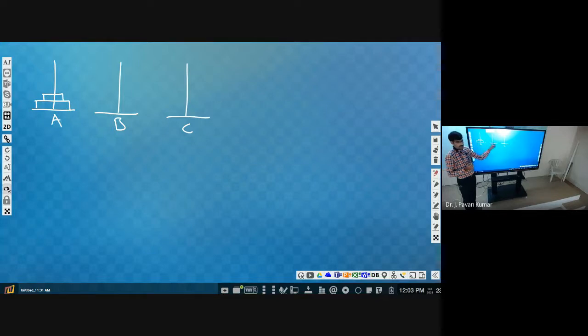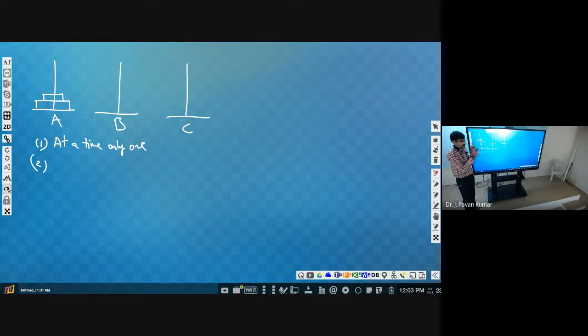We have to do this by satisfying two conditions. First one is, at a time we have to move only one box. We cannot take two boxes at a time. And the second one is, on top of a smaller one we cannot place a larger box.